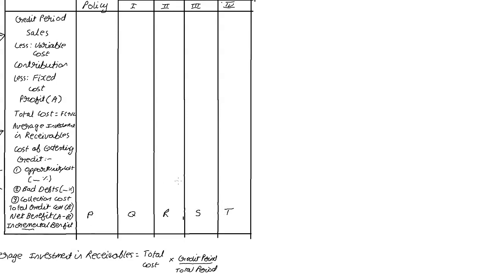Right, so I'm going to go back in. Right, remember we have profit, we have total credit cost, we subtract, we get net benefit, and then we go ahead and calculate incremental benefit.